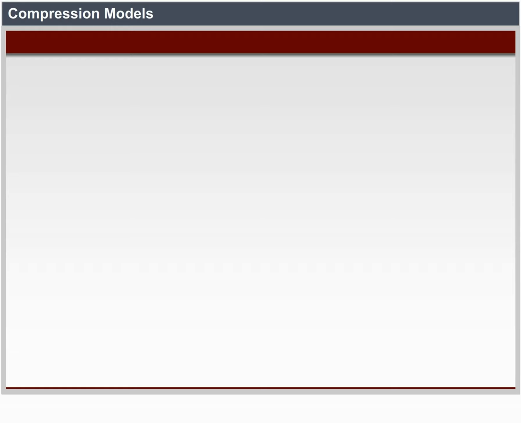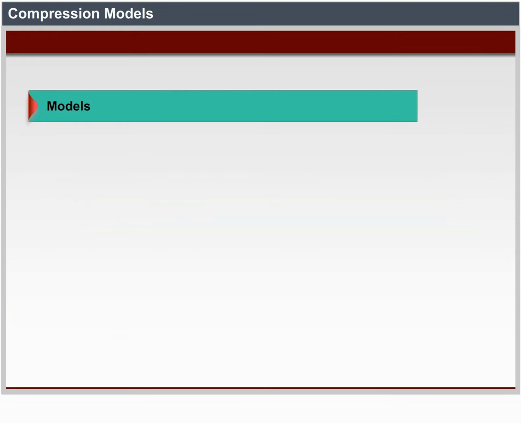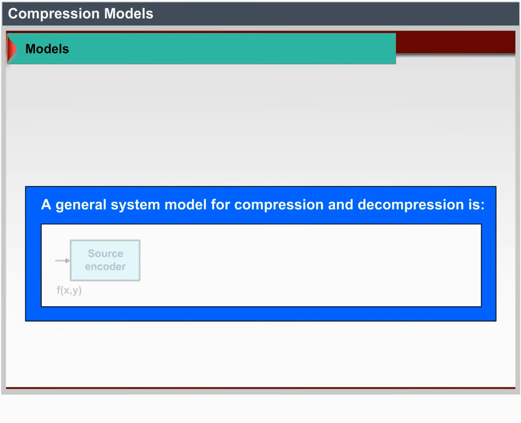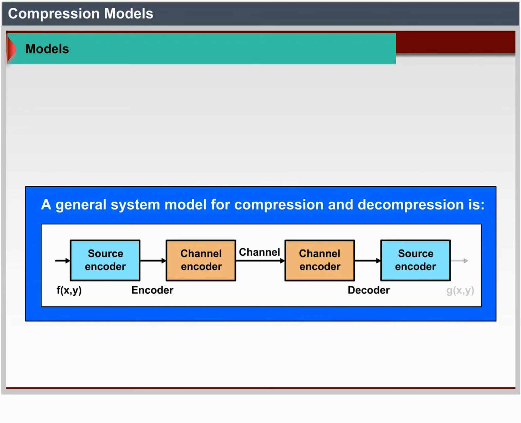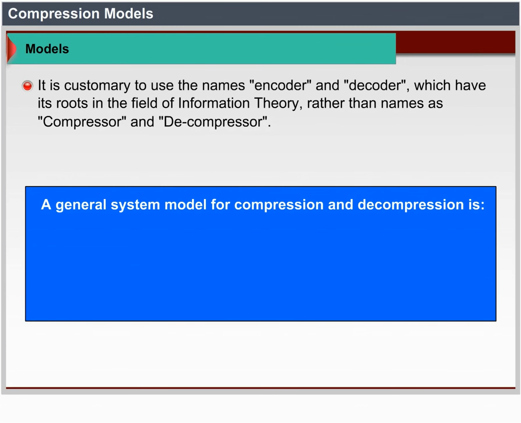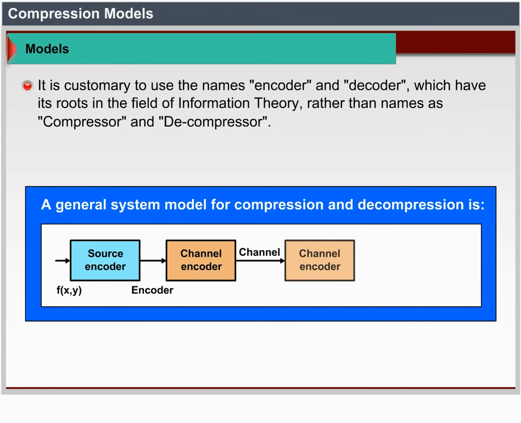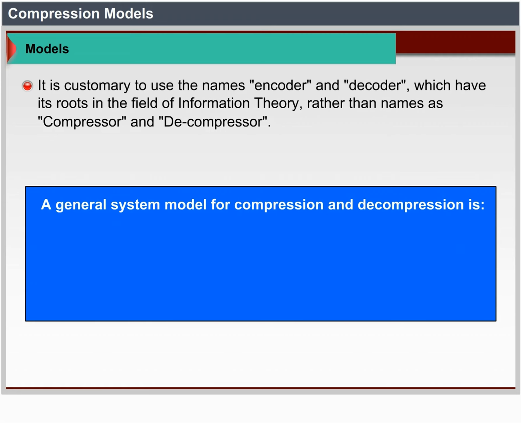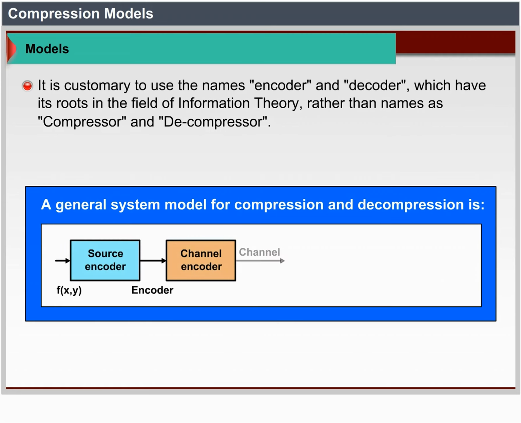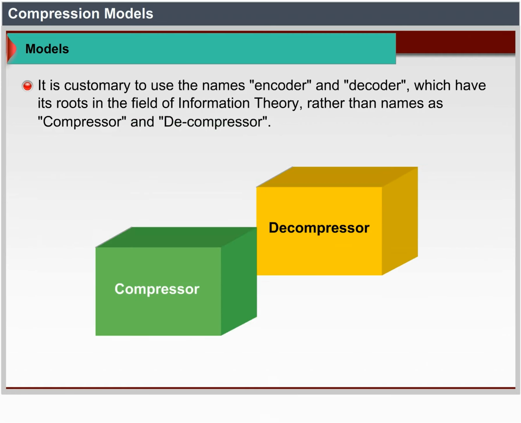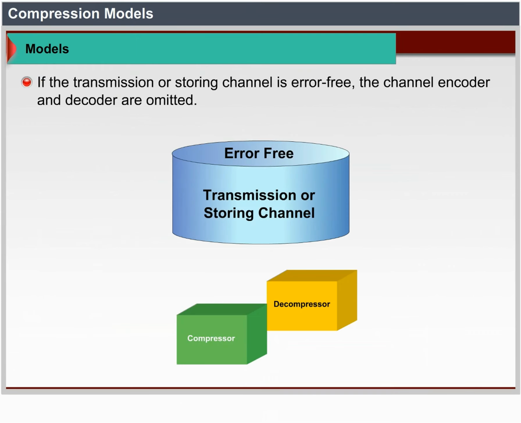Compression models. A general system model for compression and decompression is shown. It is customary to use the names encoder and decoder, which have their roots in the field of information theory, rather than the names compressor and decompressor. If the transmission or storing channel is error-free, the channel encoder and decoder are omitted.